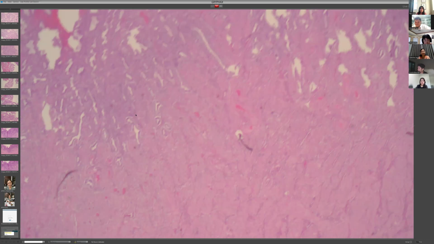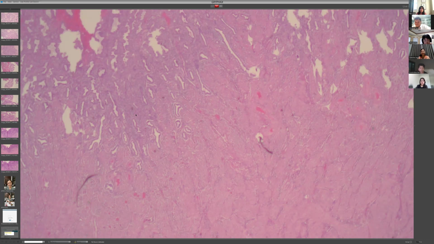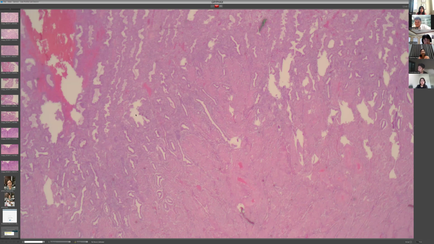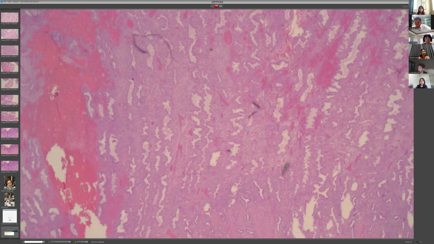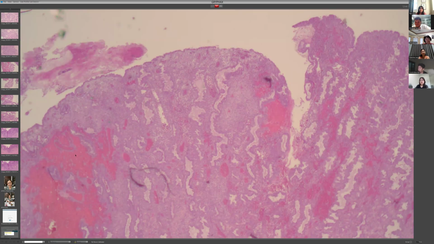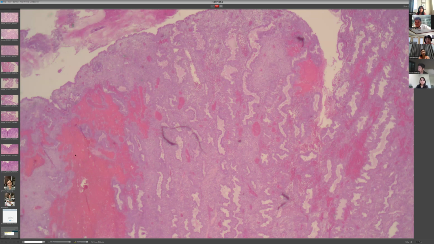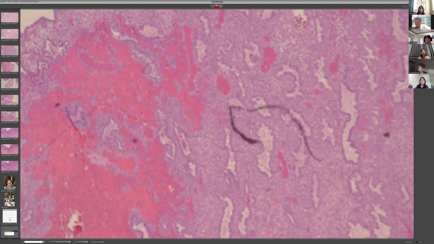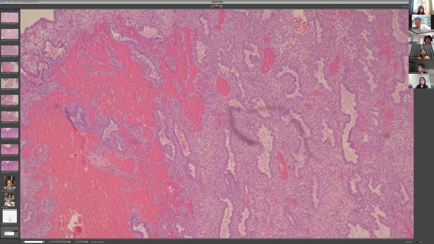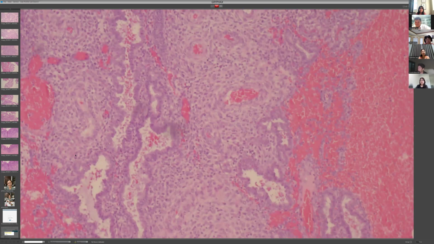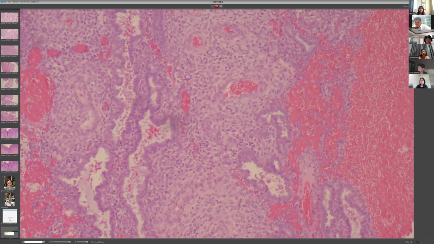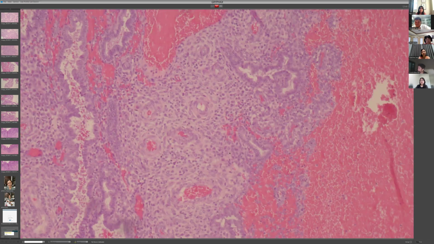So this is a full section of a hysterectomy specimen going from myometrium, your basal layer, all the way to the surface with some hemorrhage. You start seeing condensation of stroma or hemorrhage, and here we have some changes in your arterioles, in the spiral arteries.